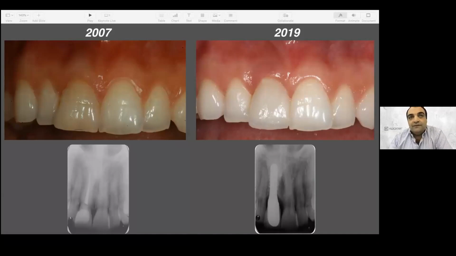Because if we have these complications, at the end the implant will survive, but the problem will occur at the level of our tissue, especially soft tissue, and the patient will not be satisfied after this treatment. And don't forget that an implant patient is married to our practice all our life.